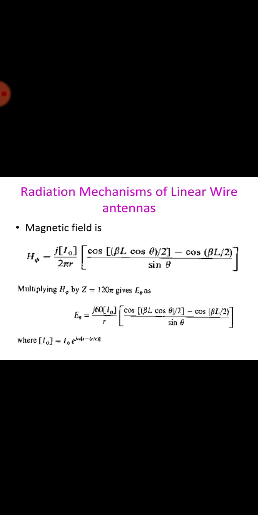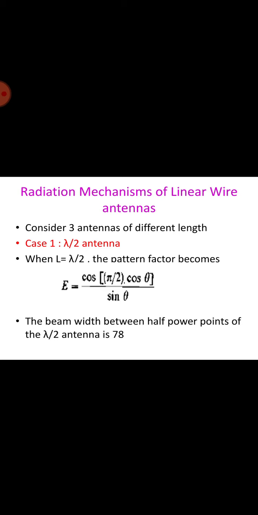By substituting this value, we will get the value of E theta as j 60 I naught by r into cos of beta L cos theta by 2 minus cos beta L by 2 divided by sin theta, where I is equal to I naught into e power j omega t minus beta r.